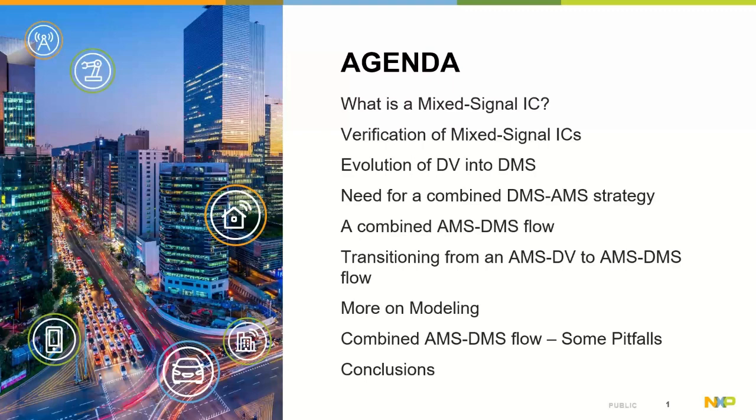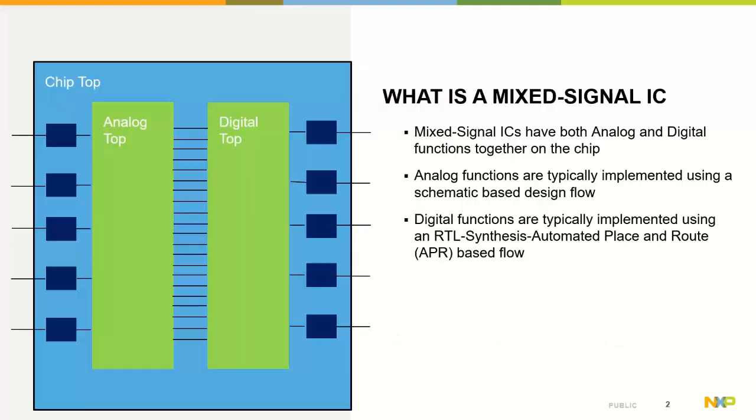And I would like to present a combined DMS and AMS flow, and what teams need to do when they try to transition from a traditional AMS DV flow to an AMS DMS flow. And then I'll talk a little on modeling, and then also discuss some pitfalls, and then wrap up with the conclusions.